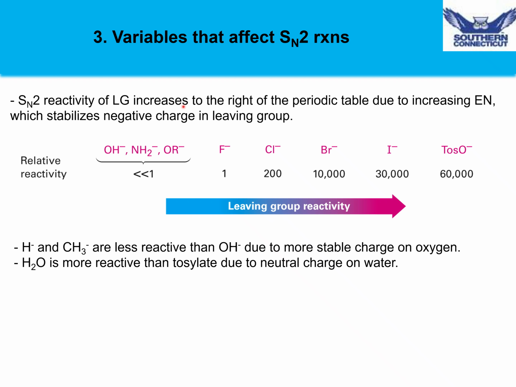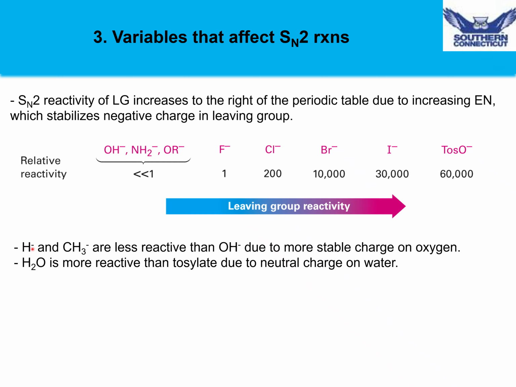And so as a result, fluorine would be considered a better leaving group than, let's say, an OH group or an NH2 group. Fluorine, as we talked about in the last slide, is generally considered a poor leaving group compared to other halogens like chlorine, bromine, and iodine.